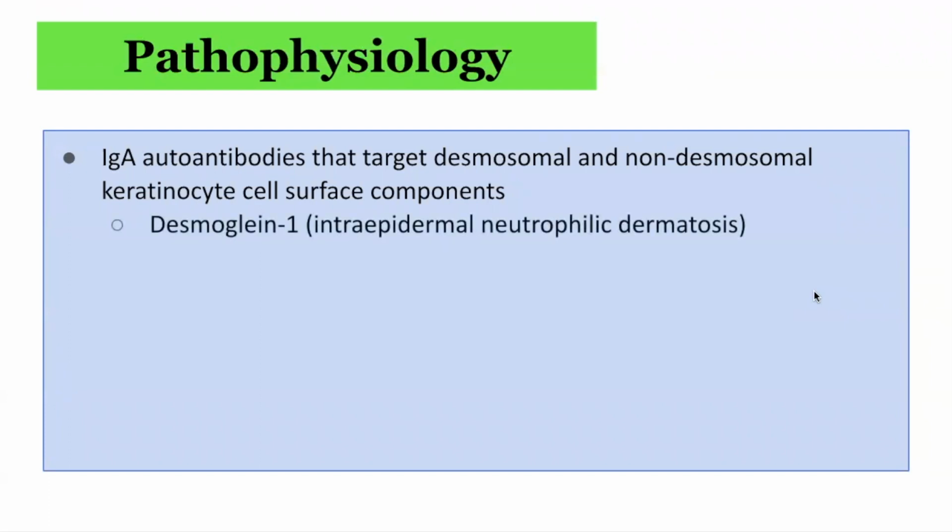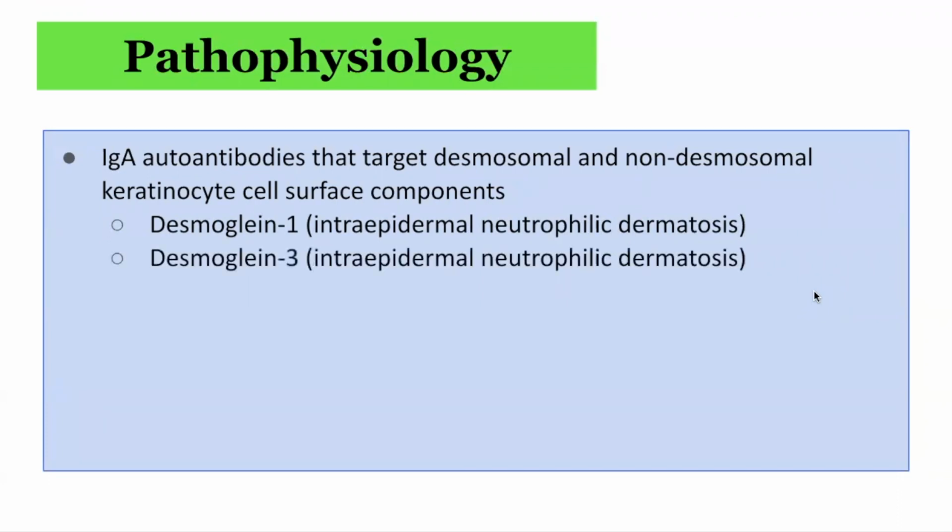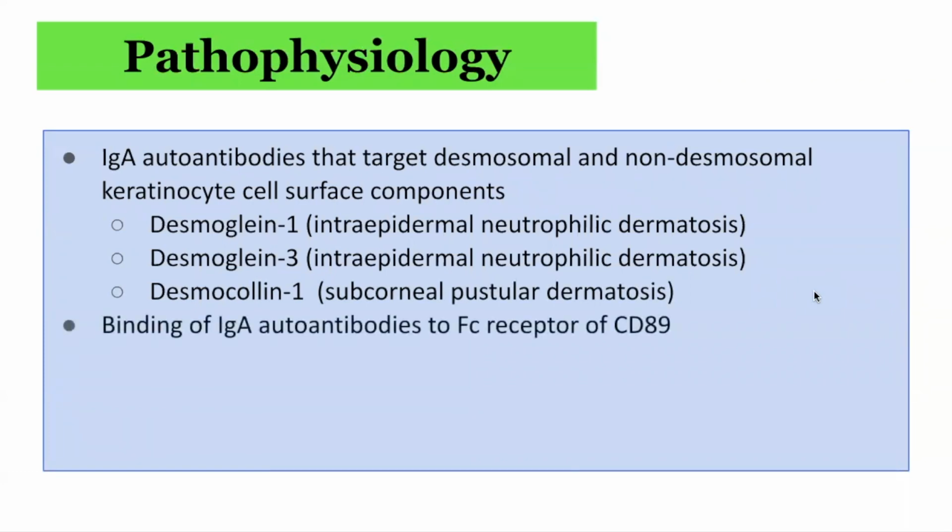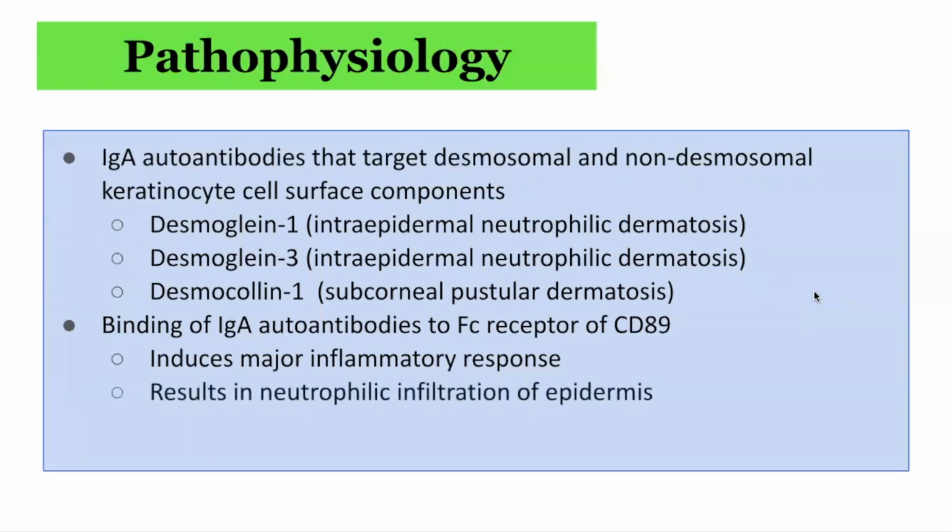As already alluded to, these include desmoglein 1, which is attributed to intraepidermal neutrophilic dermatosis, desmoglein 3, which is also targeted in intraepidermal neutrophilic dermatoses, and desmocollin 1, which is the target of subcorneal pustular dermatosis. The IgA autoantibodies bind to the Fc receptor CD89, and this induces a major inflammatory response, which results in neutrophilic infiltration of the epidermis, and this can cause blistering and pustule formation.